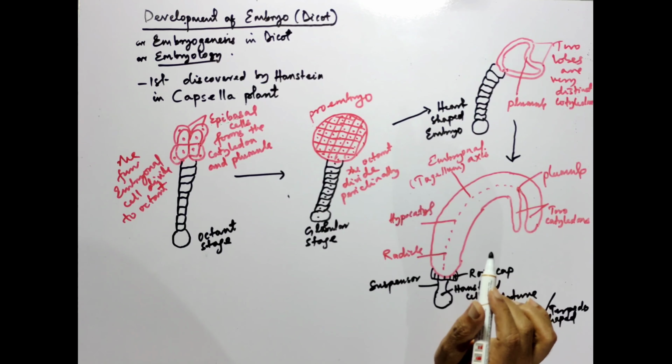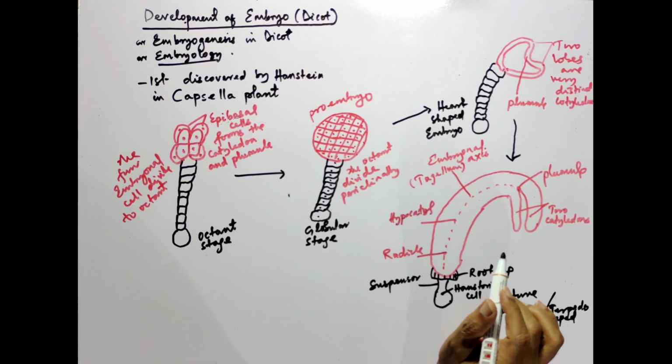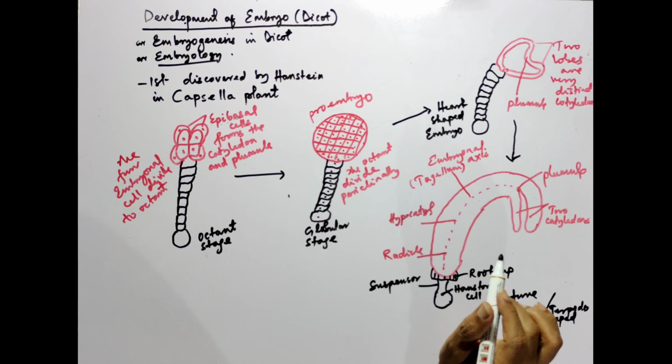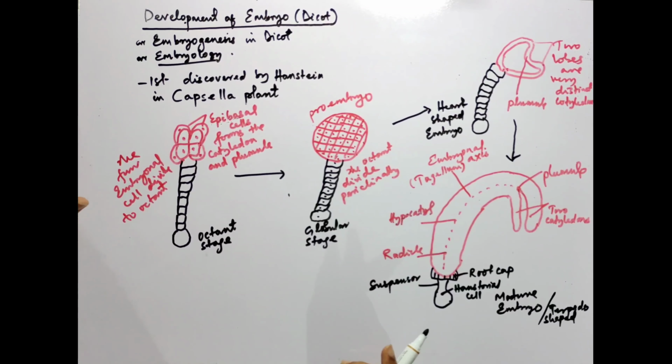So this is all about the development of embryo in dicotyledonous plants, and embryology plays a very vital role.